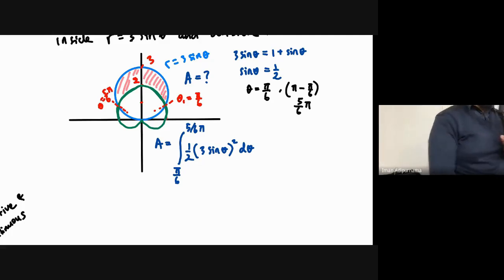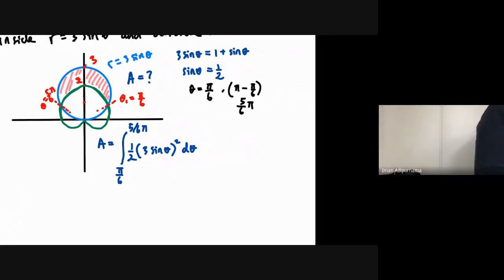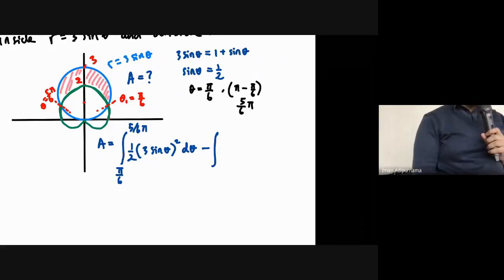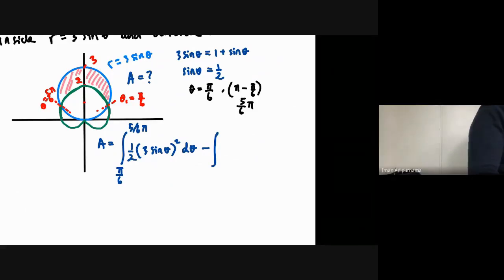Okay, and then minus, from the same angle, or actually you can just minus and then it will be the same because it's the same integration, right?